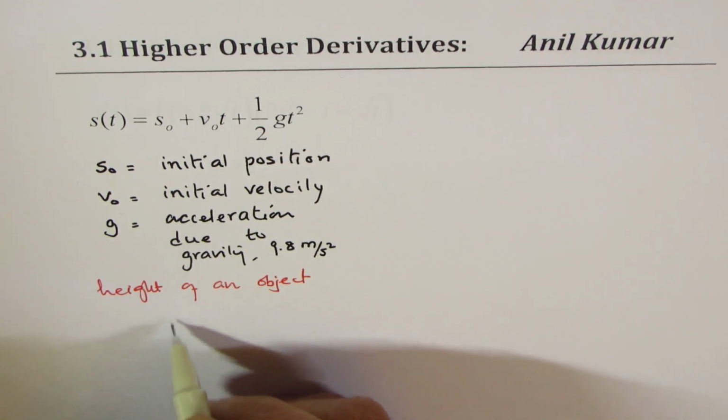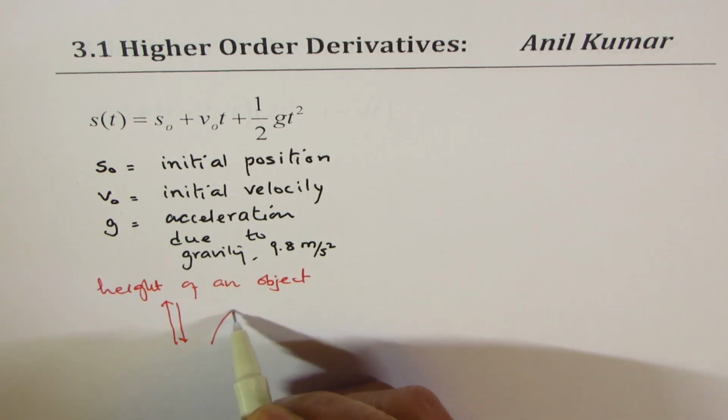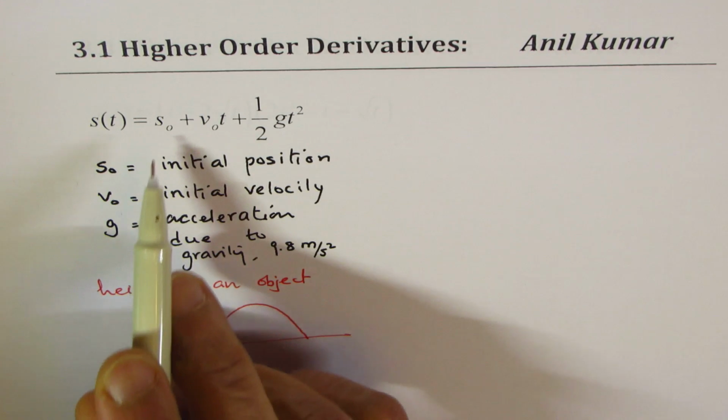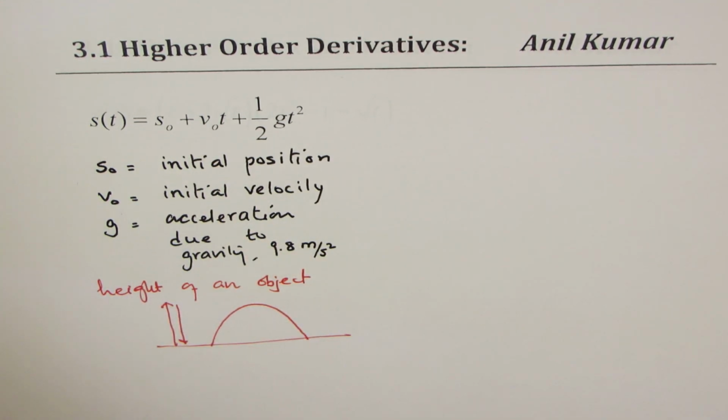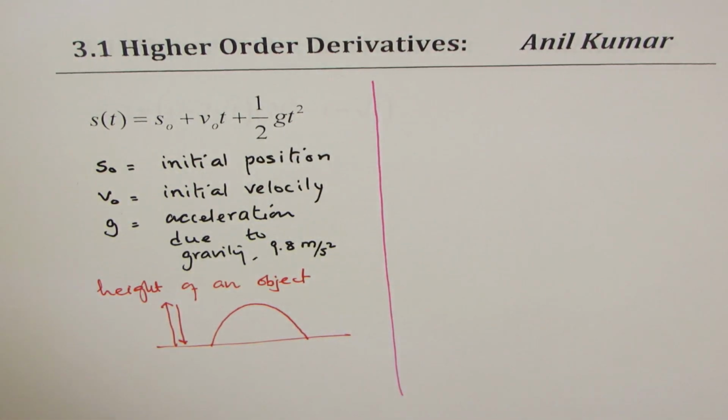It could be thrown vertically up, coming down, or it could be kind of like this, right? So that is the kind of situation where we use this particular equation. I hope that gives you the significance of this equation. You'll come across many very important questions based on this.